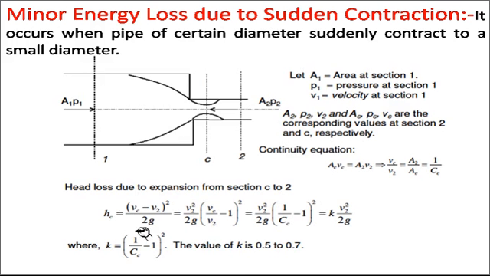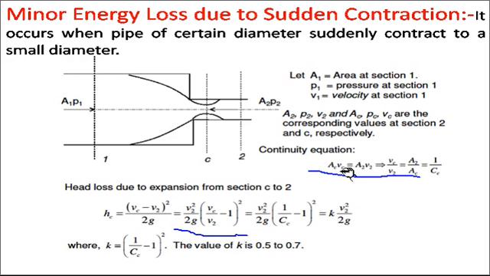It's a mathematical simplification. Now from this equation we are going to determine the value of Vc upon V2 by the continuity equation. The continuity equation is Q equal to AC into VC, which is equal to A2 into V2.